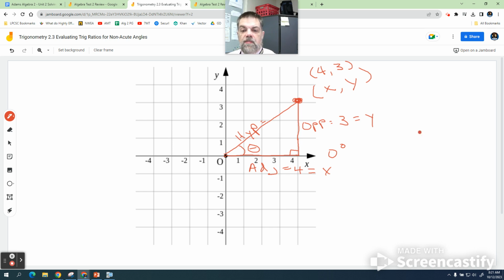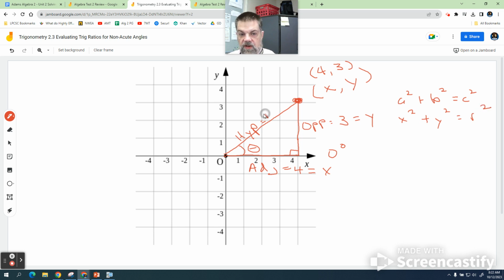To find the hypotenuse, we could do the Pythagorean theorem, a squared plus b squared equals c squared. But I could also do it in terms of x squared plus y squared equals the radius squared, right?